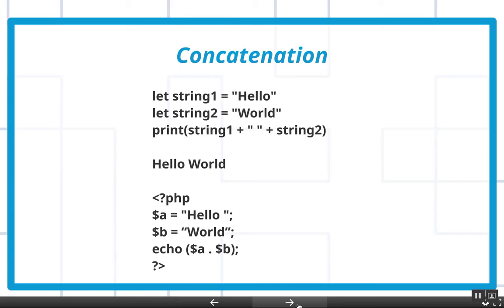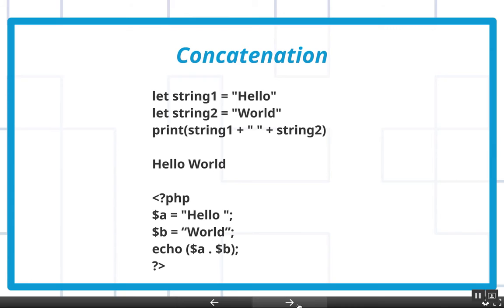Let string 1 be assigned the string hello, and let string 2 be assigned the string world, and both of those, hello and world, are in quotes. Then it says print, and then it has string 1 plus sign, one empty space in quotes, plus sign again, and then string 2. That results in printing out hello space world.